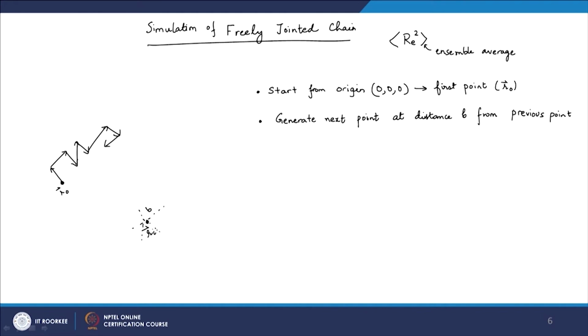So, the way to think about it is we will draw a sphere of radius b around r_i, and then I will choose any point on the sphere surface as r_(i+1), where the sphere has a radius b.